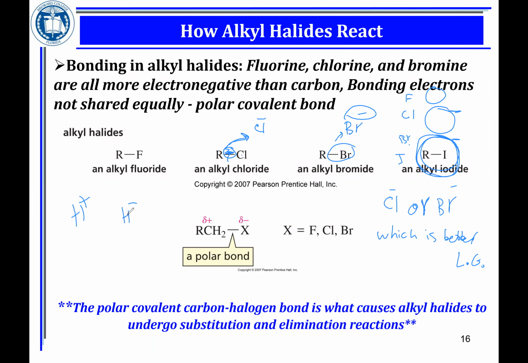So it's going to be very unstable. So hydride is not a good leaving group. This is not a good leaving group at all. I'm going to emphasize that, okay? Not a good leaving group at all.